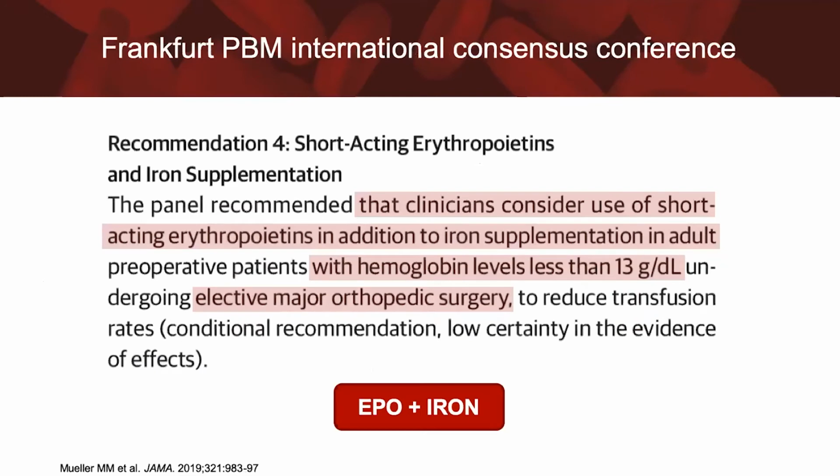So in the last consensus conference on PBM, the Frankfurt one, published in JAMA 2 years ago, it is stated that clinicians should consider short-acting erythropoietins in addition to iron in patients with hemoglobin less than 13 grams per deciliter in elective orthopedic surgery.